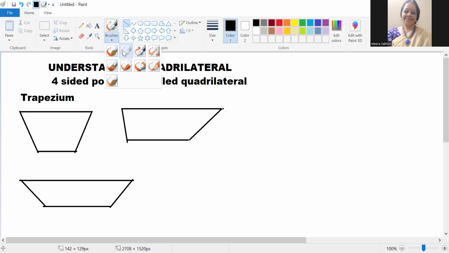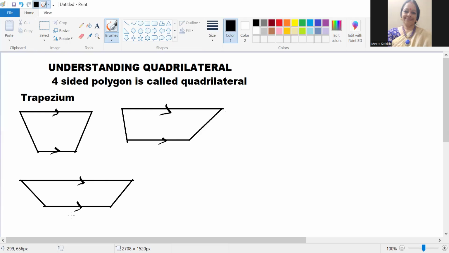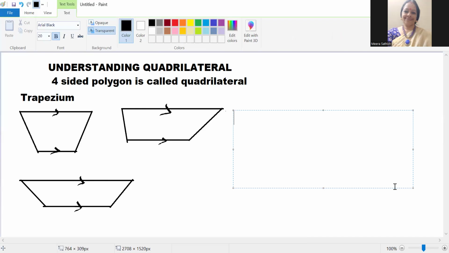In all these, there is something special, something unique. That is, one pair of opposite sides parallel. Here also, here also, one pair of opposite sides parallel. So what is a trapezium? A trapezium is a quadrilateral with one pair of opposite sides parallel.